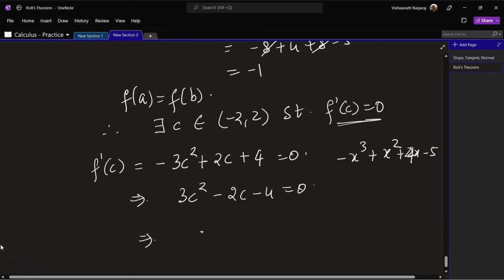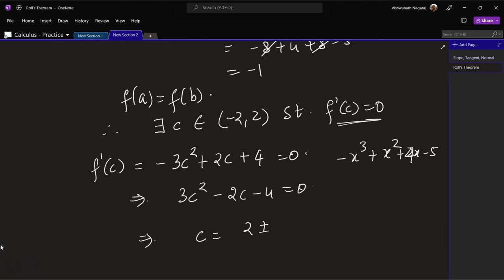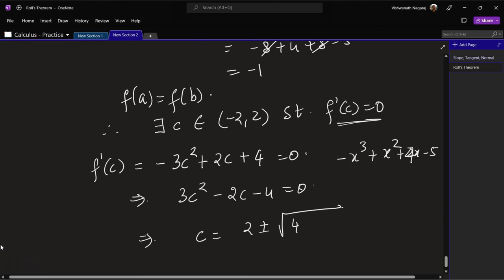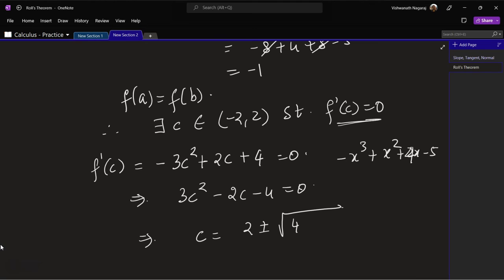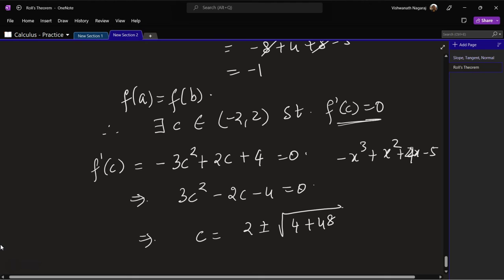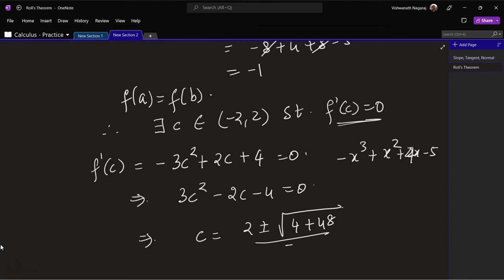So which implies c is equal to minus b, so 2, plus or minus square root of b square, which is 4, minus 4ac. So 4 times 3 is 12, 12 times 4 is 48, minus into minus is plus, so plus 48, divided by 2 times 3, which is 6.